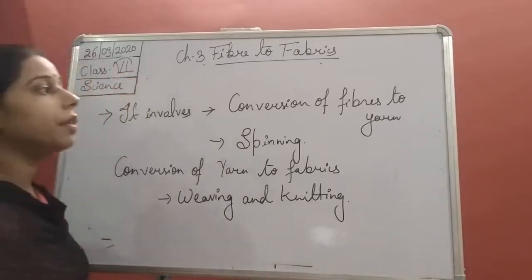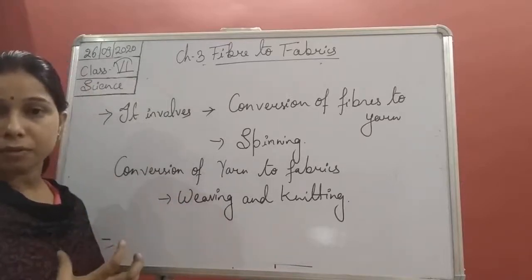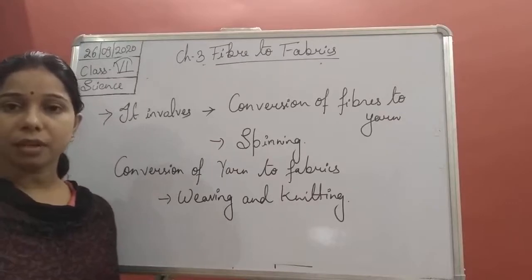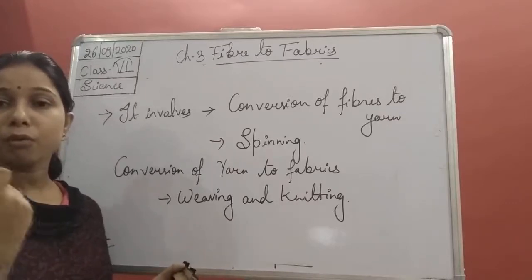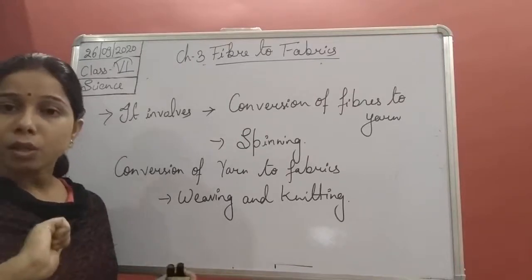How can you convert fiber to yarn? You take a lump of fiber and pull out the fibers, and with the help of your forefinger and thumb you pull it out and twist it.